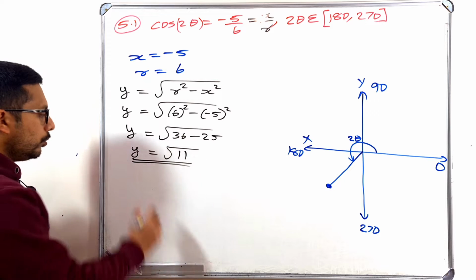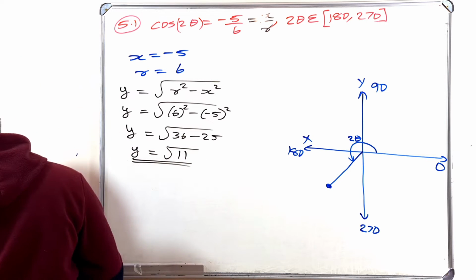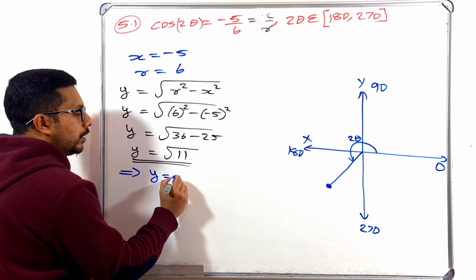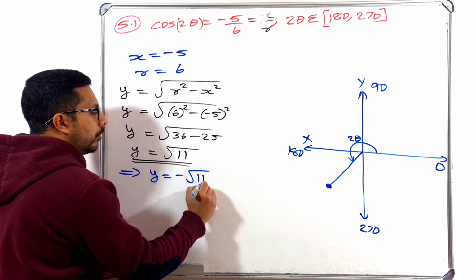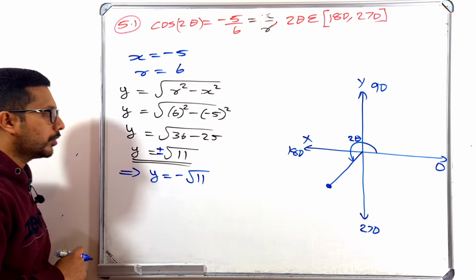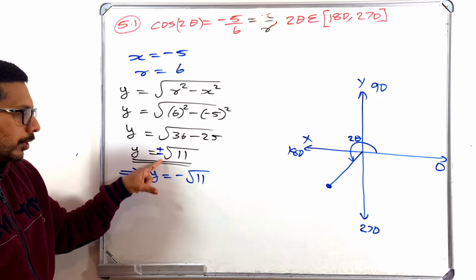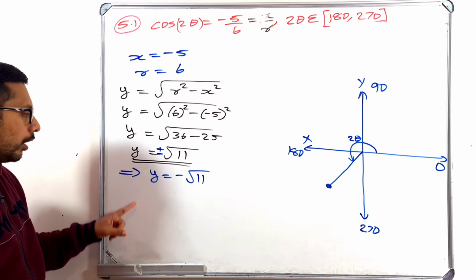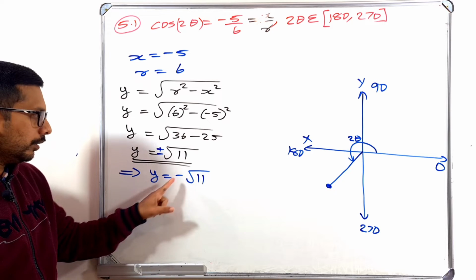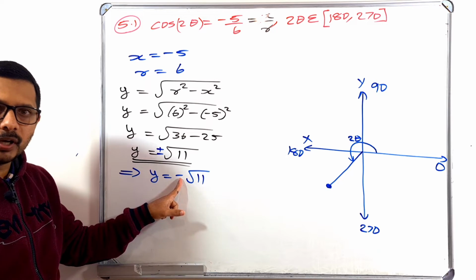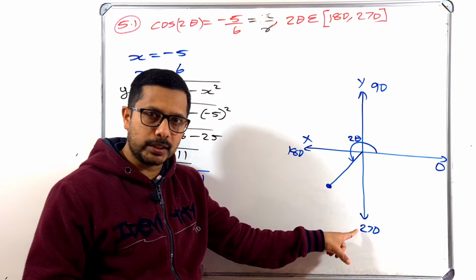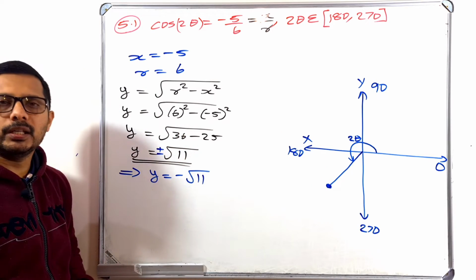So y is equal to plus or minus root 11, then the confusion is gone. Which one do you have to take, plus root 11 or minus root 11? You have to take the negative answer. Why? Because on the third quadrant y is negative. So y is equal to minus root 11.